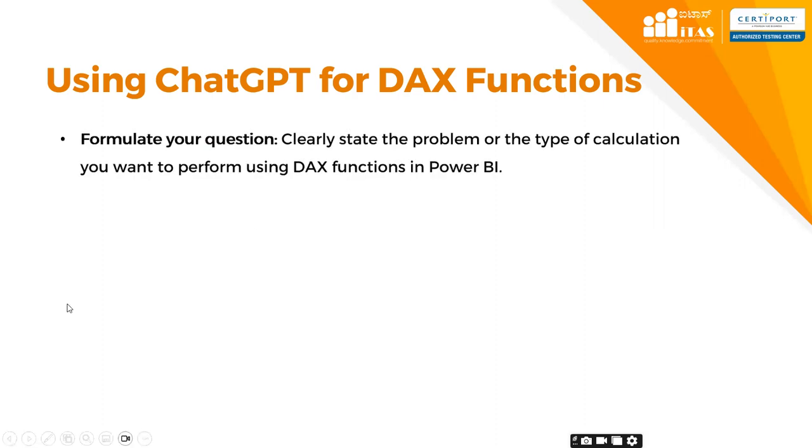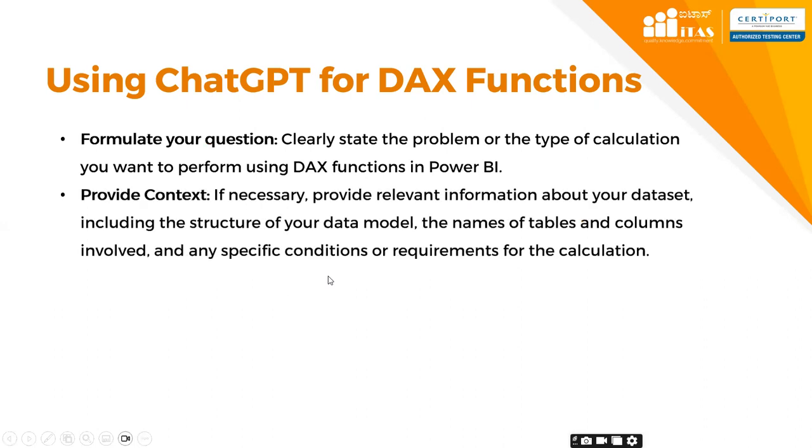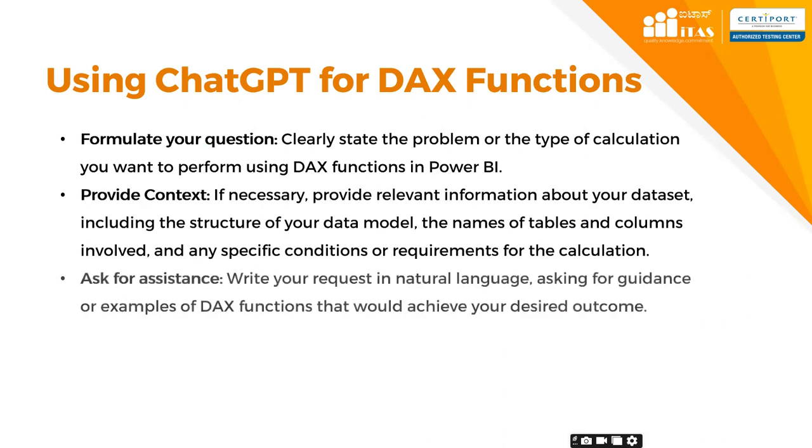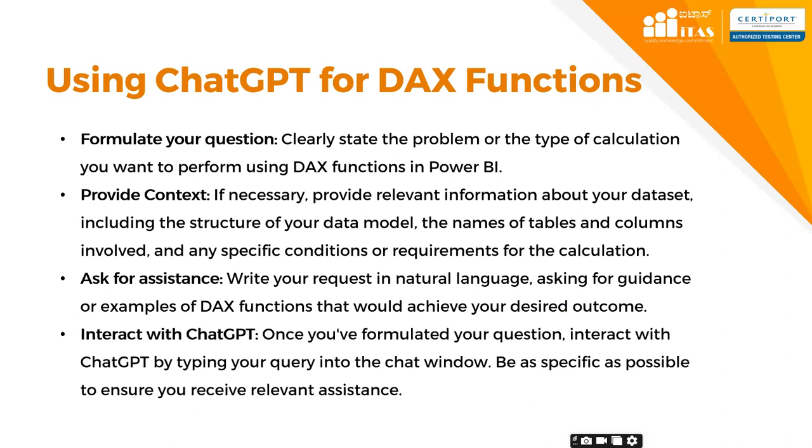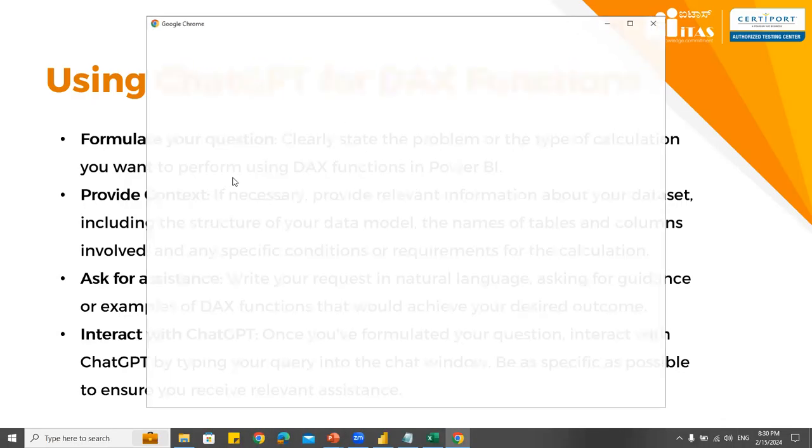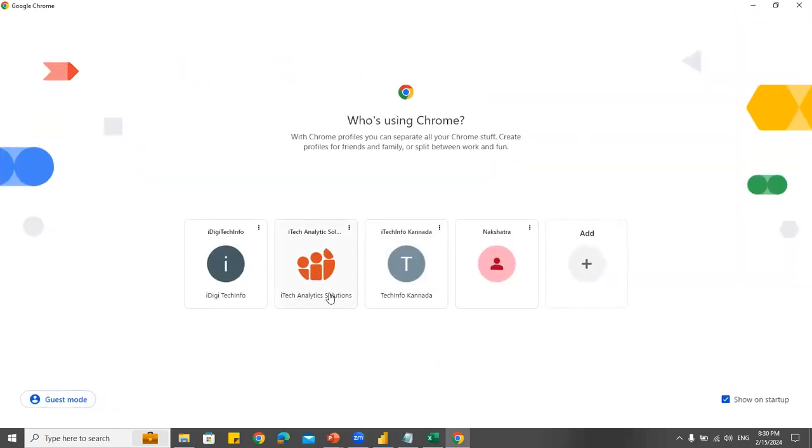Here I have explained how you can use Chat GPT. Just go through this. I don't want to go through all of it and bore you. I'll open Chat GPT and show you.